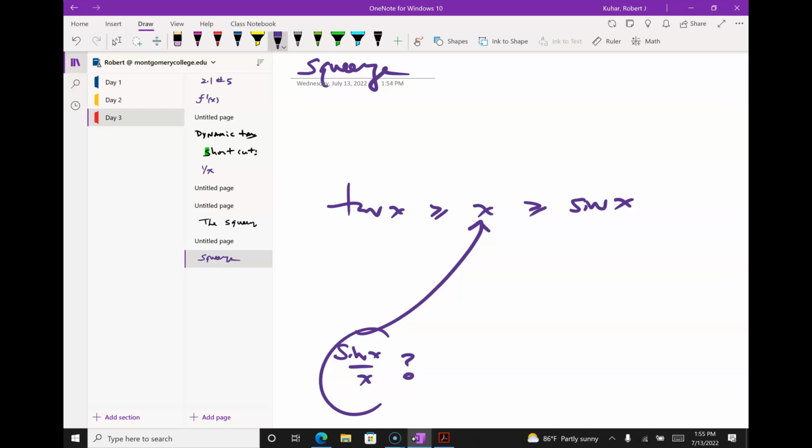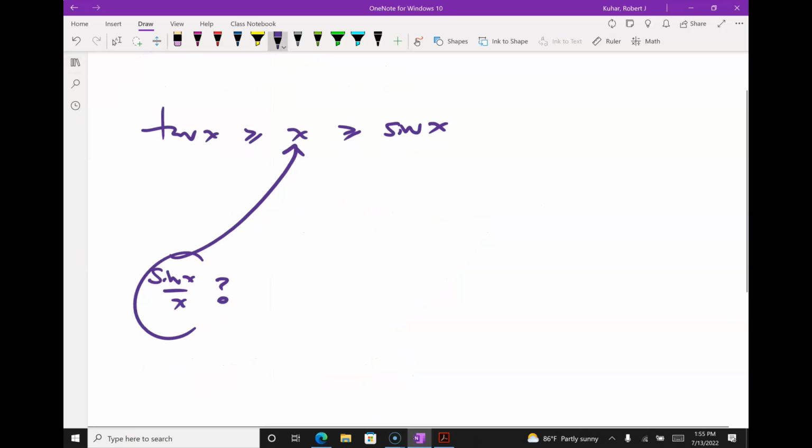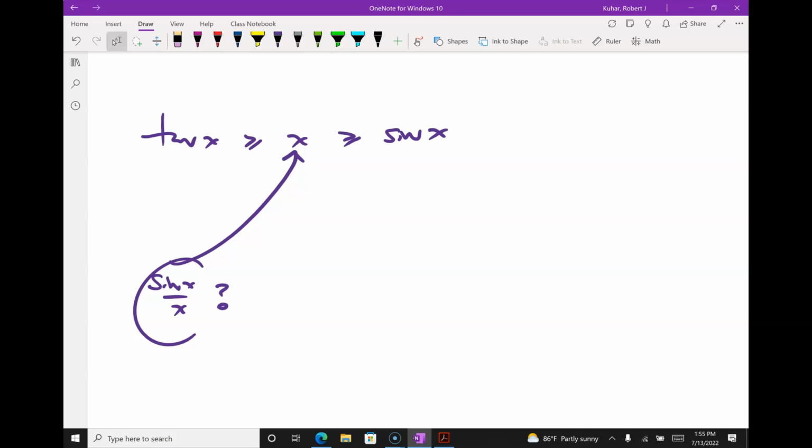What do you want to do? Multiply by sine? Almost. Not multiply. Divide by sine.